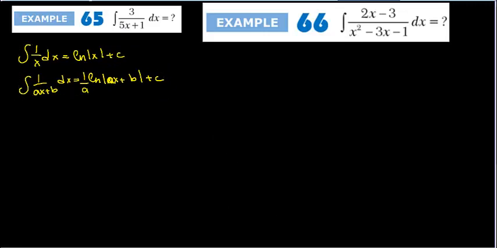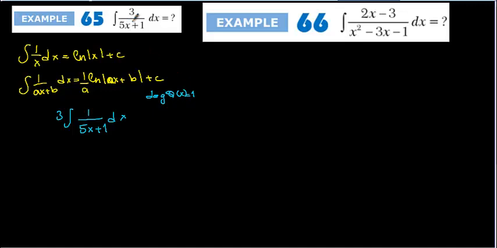because here we have 3 over 5x plus 1, so it means that this is 3 times the integral of 1 over 5x plus 1 dx. And I forgot at the beginning to explain this, but let me remind you here about the degree of q(x), which is equal to 1.